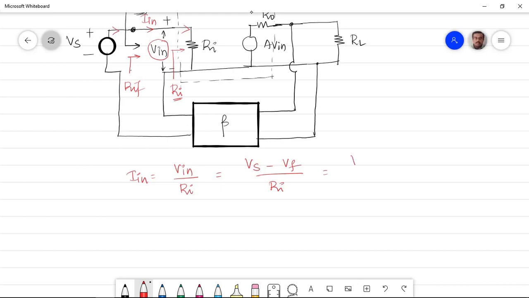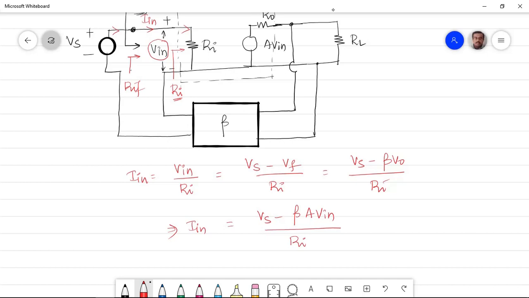Then I can write this as Vs minus beta times V0 divided by Ri. And lastly, In is equal to Vs minus beta times of what is V0? It is nothing but A times Vn, divided by Ri.